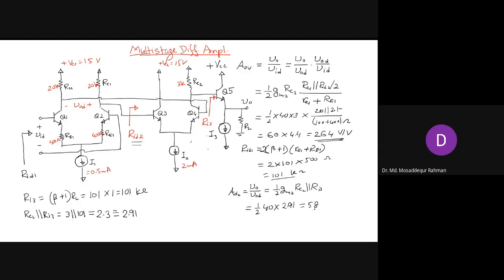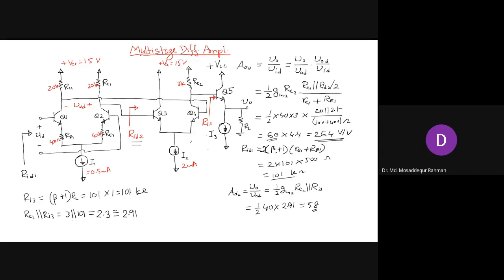So that will be about 58, right? So that will be the gain for our second stage. Before it was 60, now we have got about 58, so very close, a little reduction.